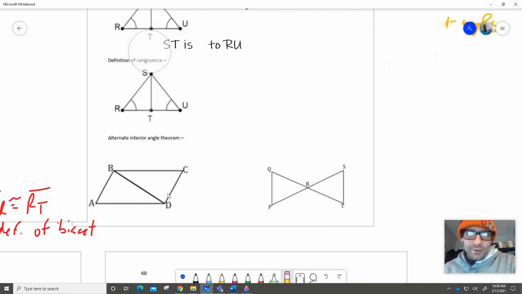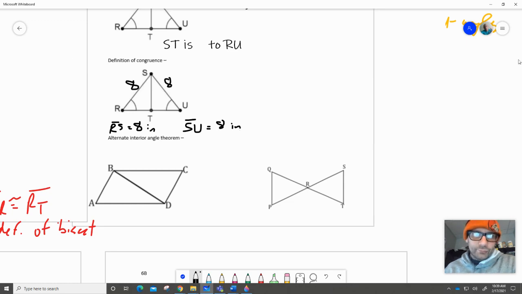Okay. So let's say they give us something here, where segment RS equals 8 inches, and segment SU equals 8 inches. So let's say they give us that information. So that's 8, and that's 8.